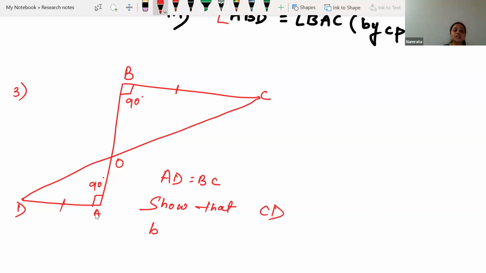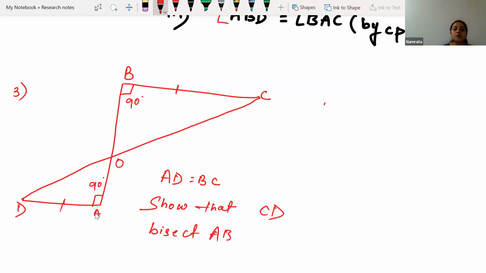CD bisects AB. We have to show that straight line CD is cutting the straight line AB in two equal parts. That means the straight line AB is getting cut in two equal parts, right?